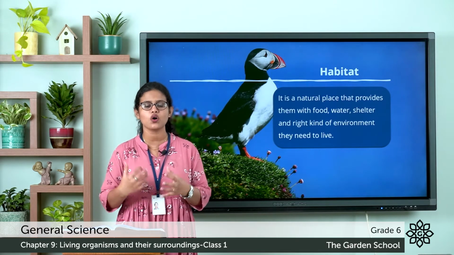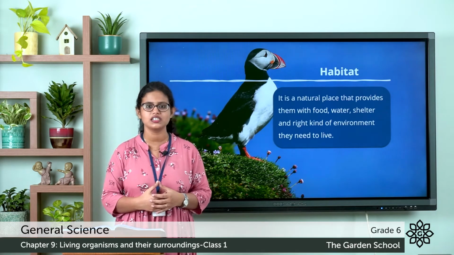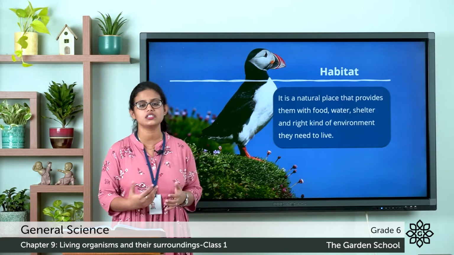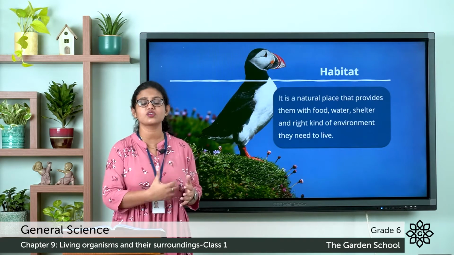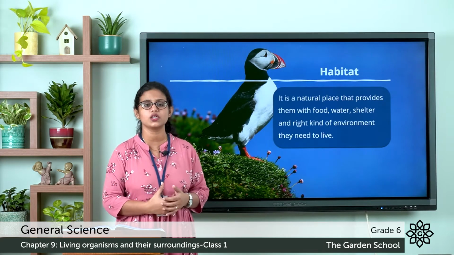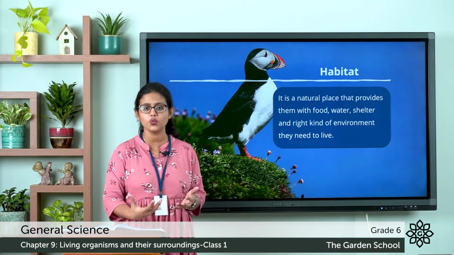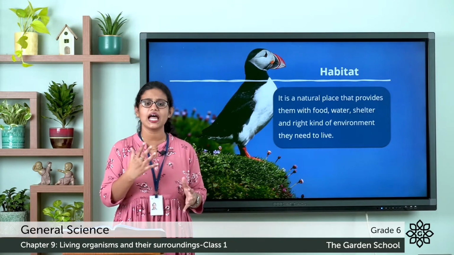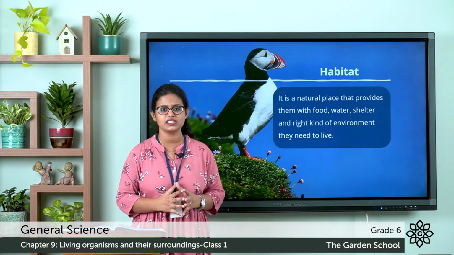So, that is the right habitat for this animal because it provides it with air, water, food and the right kind of environment to live. That is called the habitat.